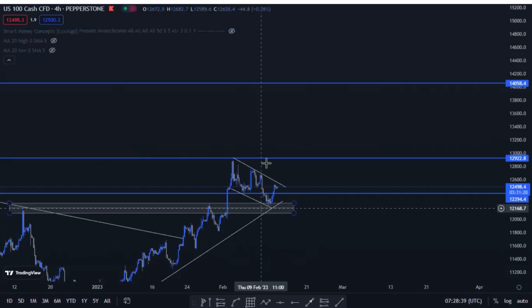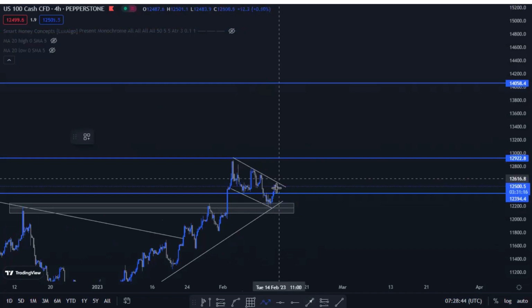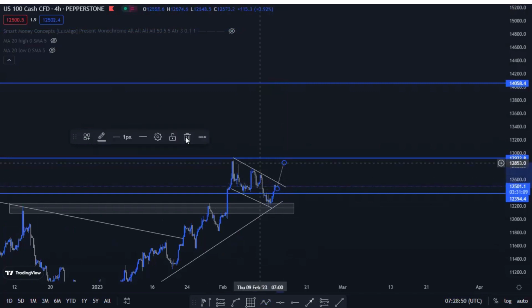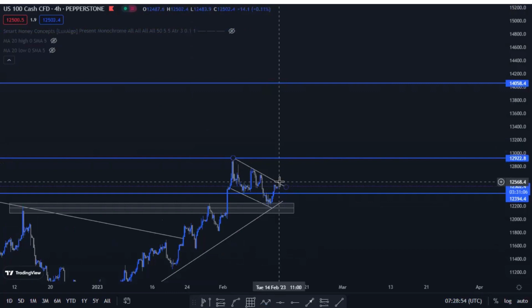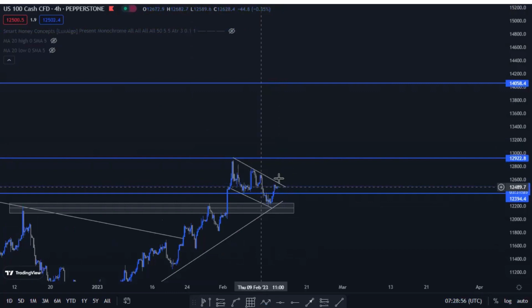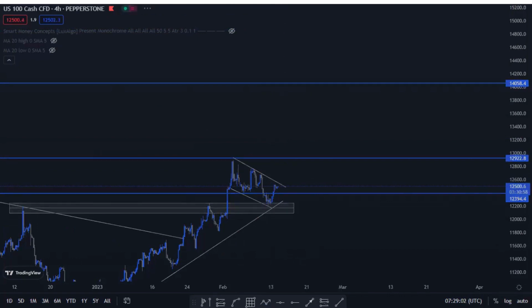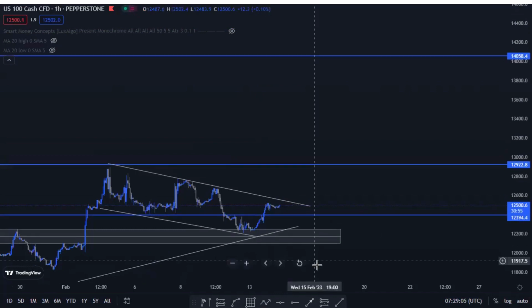I'm also looking for the price to break out of this correction and come back again, or if it doesn't come back, since this is a correction, you can buy as soon as the price breaks out from this correction. But like I always say, it's best to just wait for a confirmation.